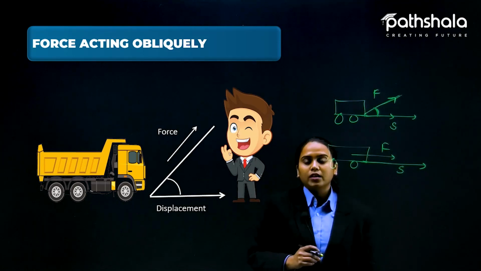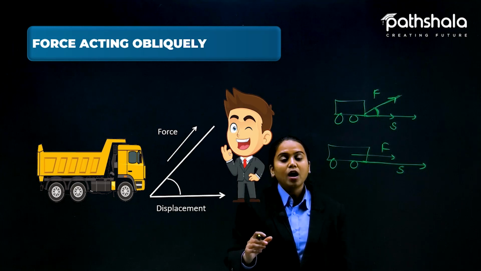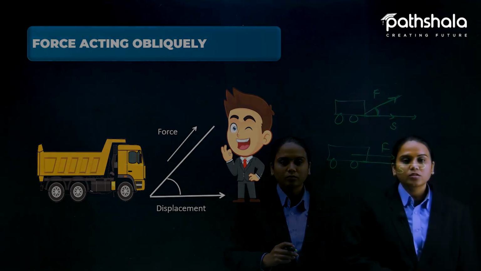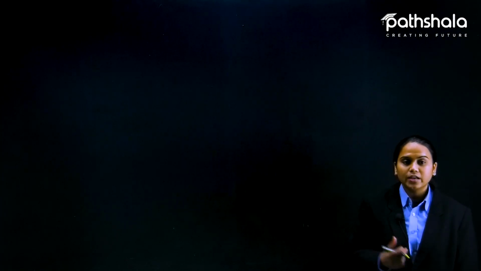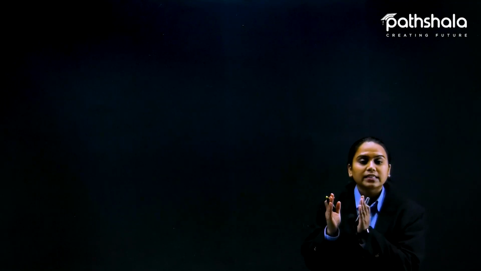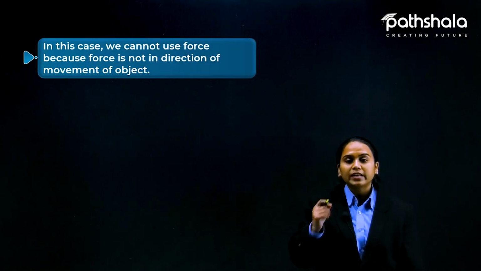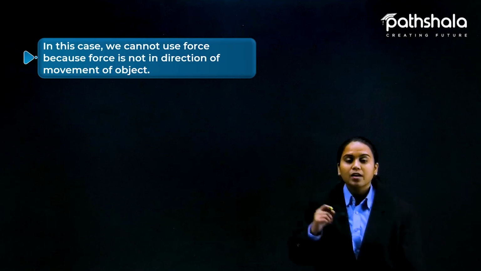For that condition, what could be the formula and how can we find the exact value of force? So students, when the force being applied and the motion produced in the body make a certain angle, we have to take a cos theta here.